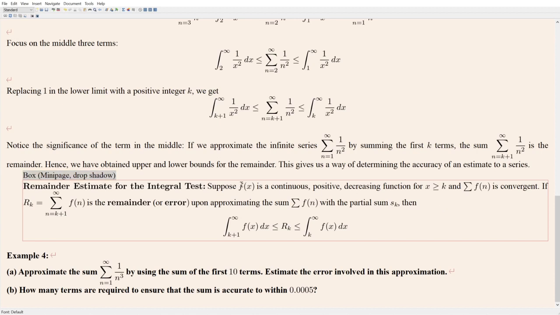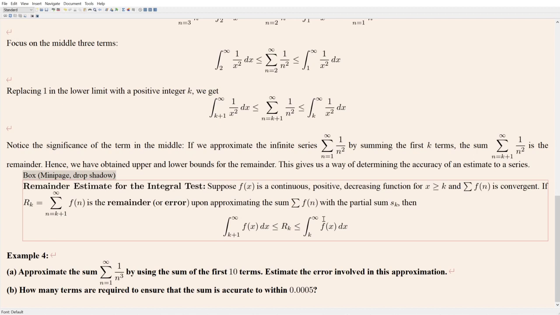So suppose that f is a function which satisfies the premises of the integral test. Suppose that this sum is convergent also. Let this be the remainder, or the error, upon approximating the sum with the kth partial sum. Right, so the kth partial sum is just the sum of the first k terms. So the sum of all of the remaining terms then is the error in that approximation. So we're going to call that r sub k.